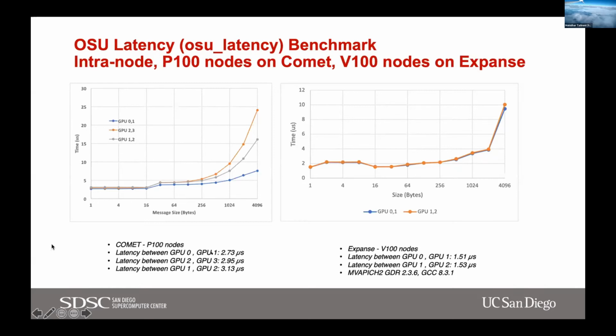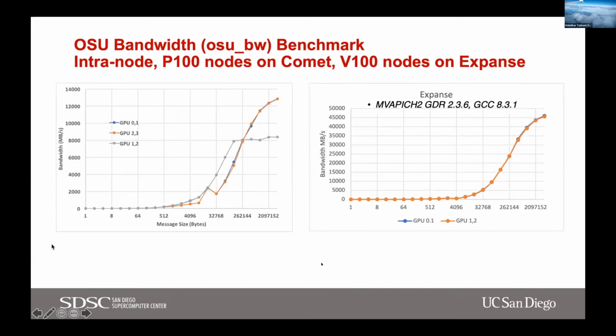This is because of the host being in the way when you go between sockets. Now with Expanse, with the NVLink, we don't have that issue, and the latency is much lower between GPUs, and it doesn't matter if I'm picking GPUs on the same socket or on a different socket. So that's a nice improvement.